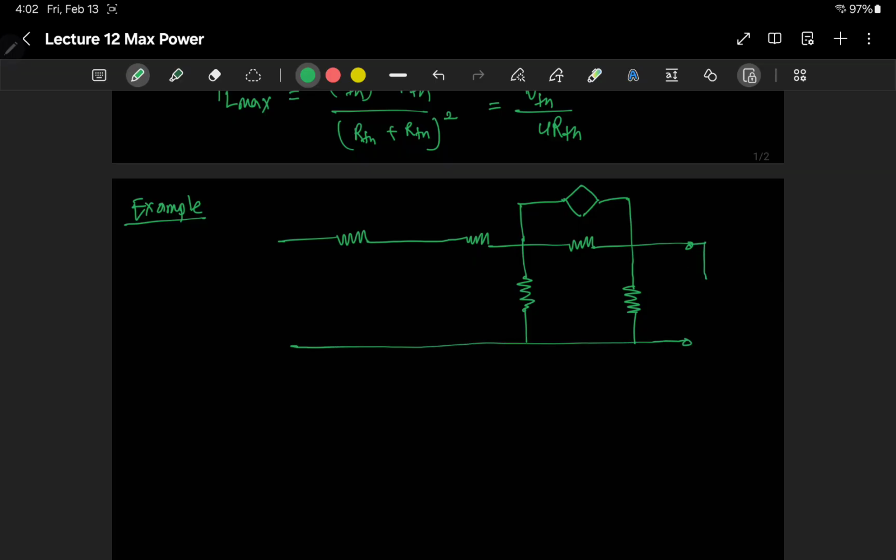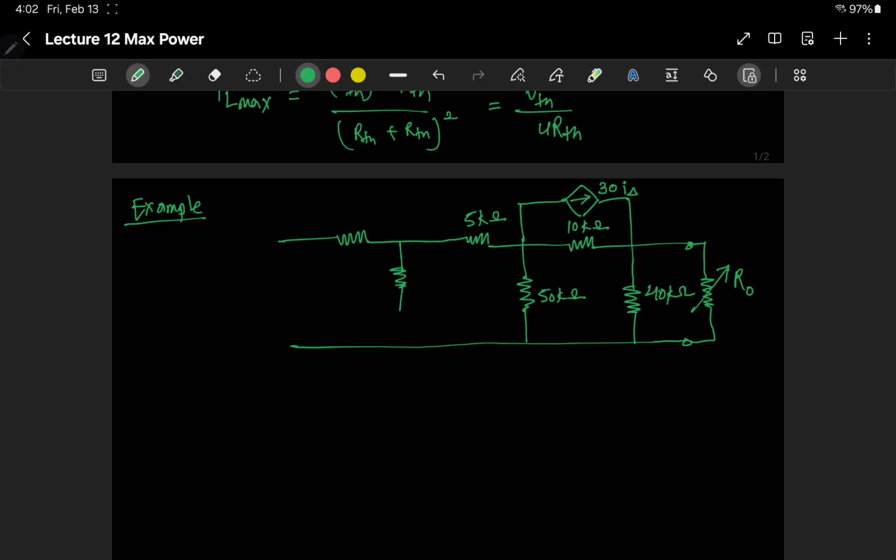Here is the resistance. For now, let's consider it a variable resistance because that is something we need to find to get the maximum power. The current here is 30I delta. This resistor is 40 kilo ohms. This one is 10 kilo ohms. This one is 50 kilo ohms. This is 5 kilo ohms.